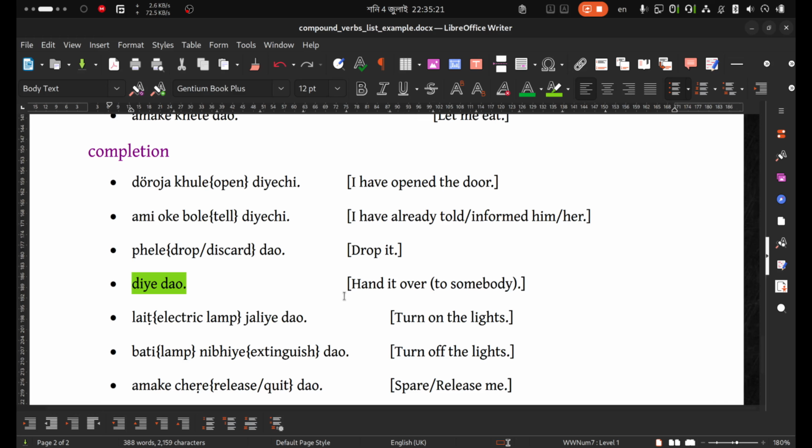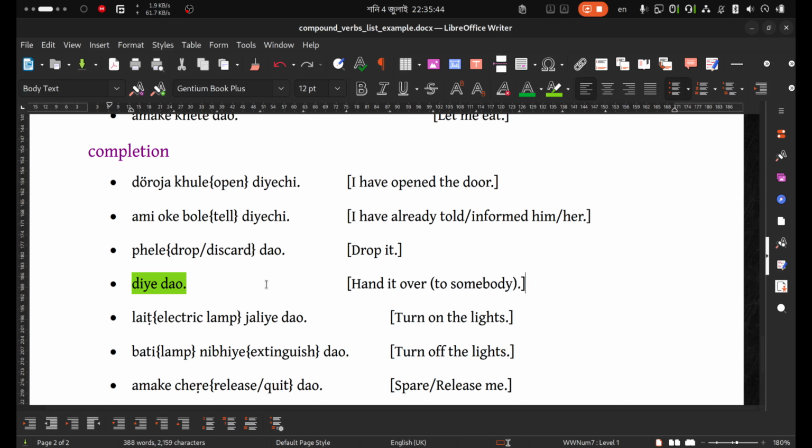That would also work, because you could also just say dao, like এটা আমাকে দাও, give it to me. And dao literally means hand it over. So I think it is better suited with completion.